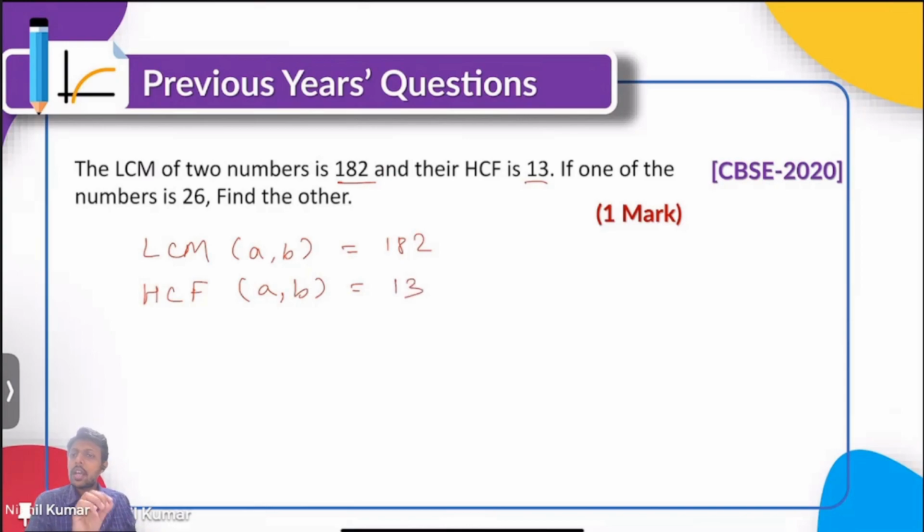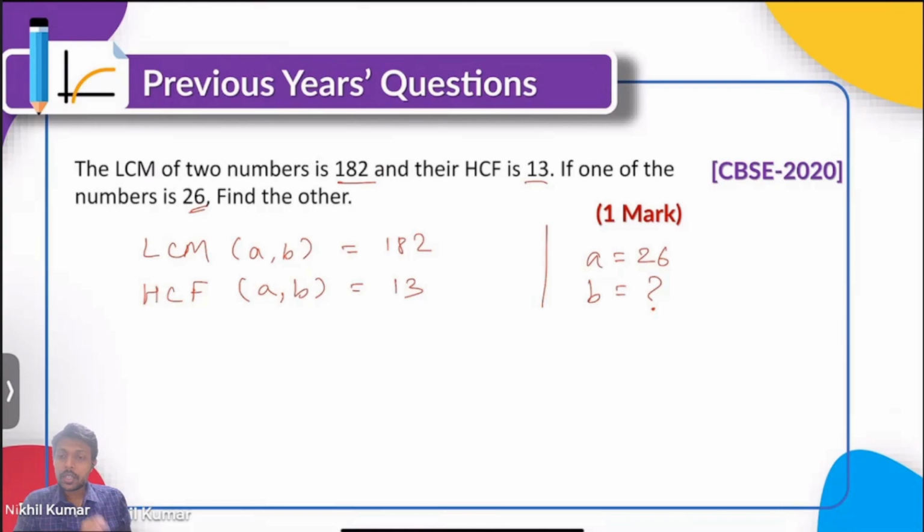This is given to us. If one of the numbers is 26, all right, wait. First number is given to me. So A, let's call it A. A is given to me as 26. I don't know B. So it's also given that the first number is 26. We have to find the second number.